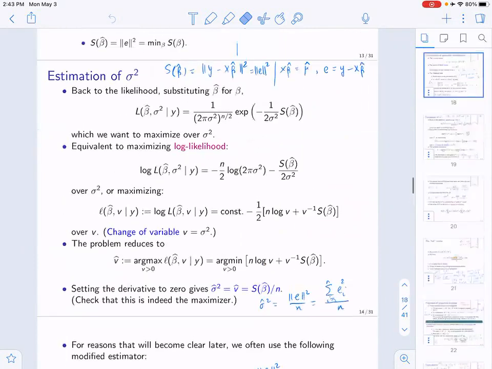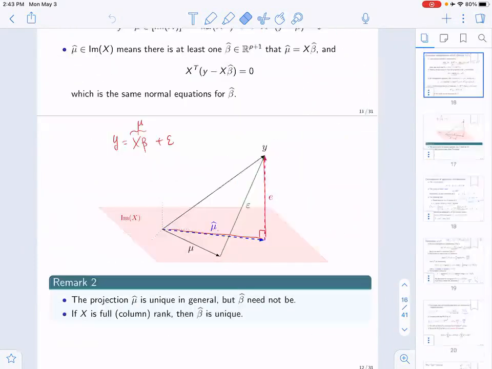So that's the picture. So when we do regression, we project y onto the image of x, and so we get an orthogonal decomposition. So what are the pieces here? Mu hat. Okay, so this is mu hat.